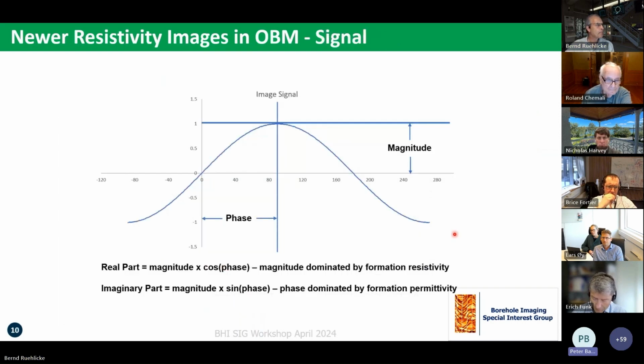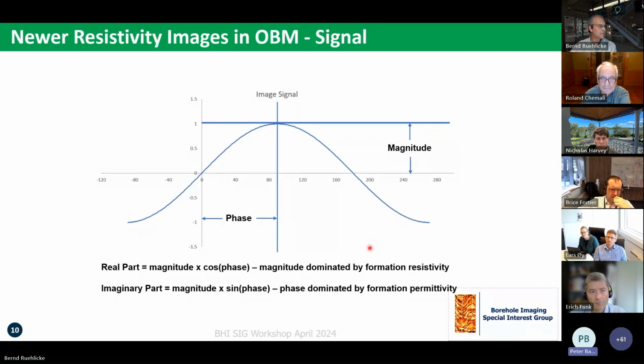What we actually record with these tools are the phase and the magnitude of the response, because it's an AC signal. If we're running 2 frequencies, we have 2 phases and 2 amplitudes. If we're running 3 frequencies, we have 3 of each. What we typically generate is what we call an impedivity image. We deal with them like complex numbers.